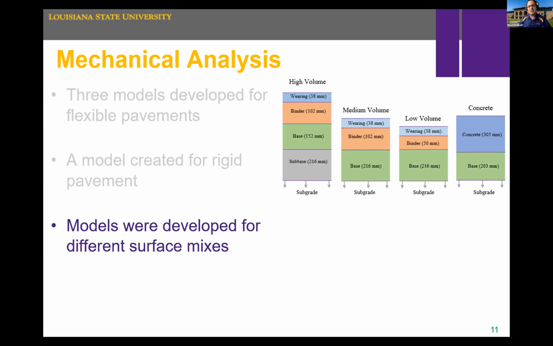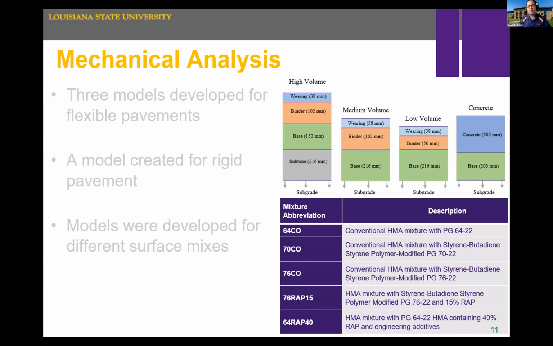We also simulated different mixes. As I said, this is something that was not considered in the literature. So we wanted, for example, to see if you use a mix with high RAP, how will it affect your fuel consumption? Obviously, when you think about RAP, you think about saving in material, but no one has considered its effect on fuel consumption, and that's what we wanted to look at in the study.